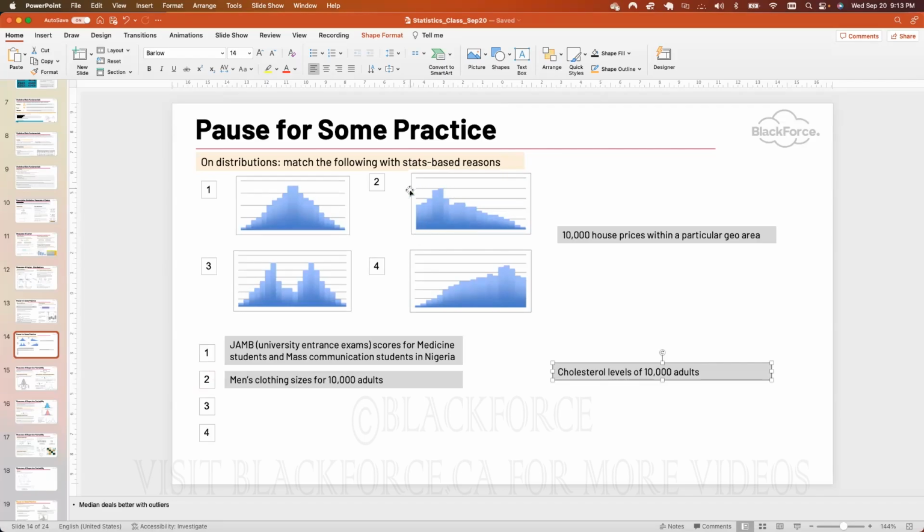For example, if you're picking the 10,000 men from, say, Nigeria versus 10,000 men from North America, I'm imagining the geographical location could impact on those sizes. So why could it be skewed to the left and not evenly distributed between the population size or the sample?